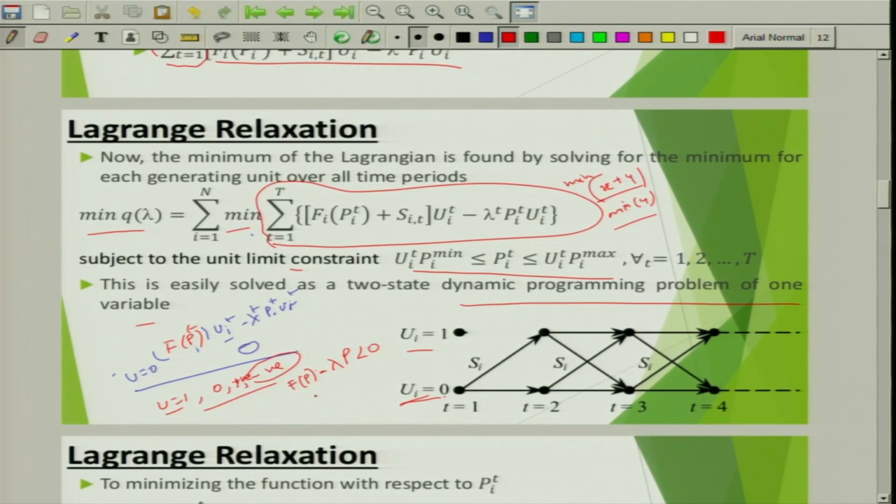That means f of p should be less than lambda into p, that means lambda should be greater than f of p by p, got it.